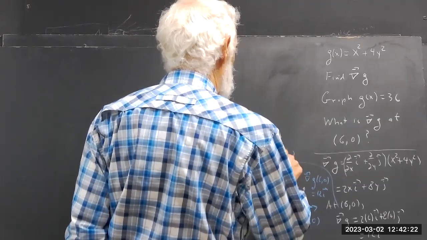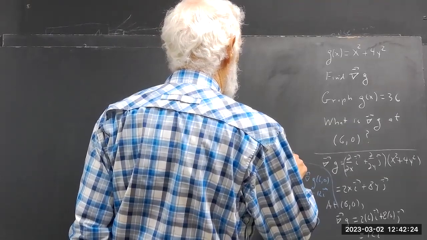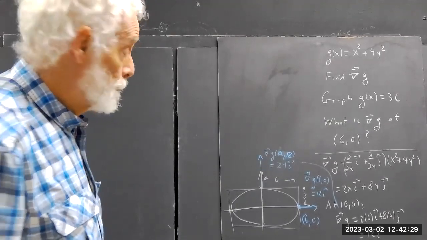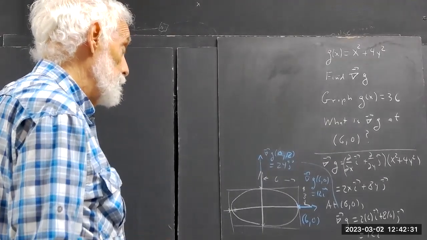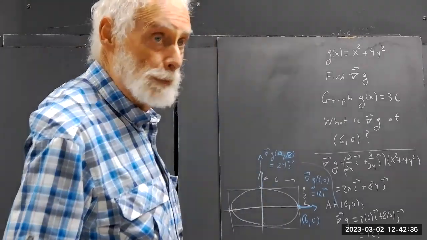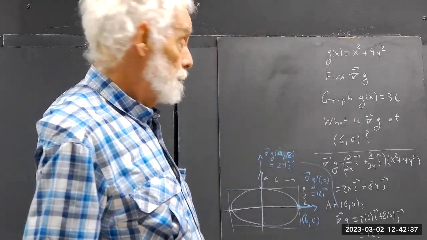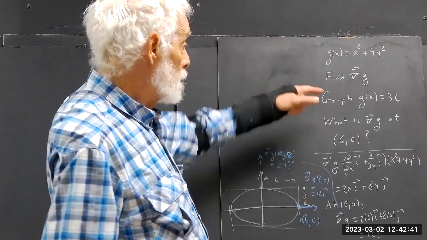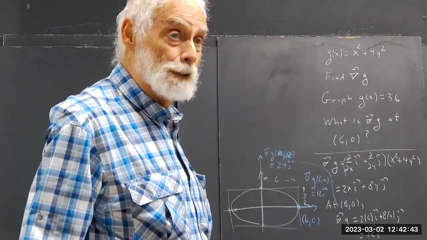It turns out that the gradient is perpendicular to this curve at every point, because this is a level curve of the function u of x equals x squared plus 4y squared.